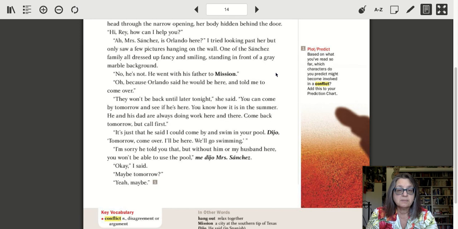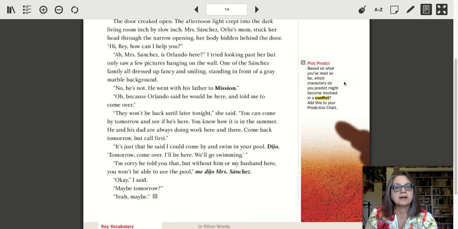Yeah, maybe. So here we've got this 1 at the bottom, and that takes you back to this question up here. Based on what you've read so far, which characters do you predict might become involved in a conflict? Add this to your prediction chart.